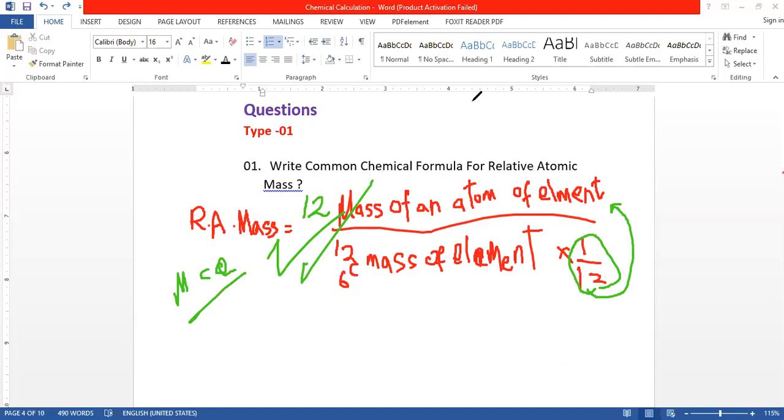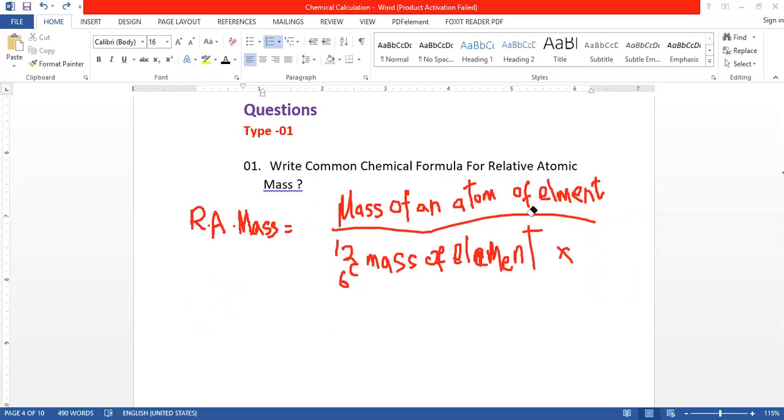Sometimes they will give 2 over 24. They are always trying to confuse you. Then you will be confused about where the 12 is. If you cut this 2 over 24, you get 1 over 12. Sometimes they will put it at the starting point. That's also correct.